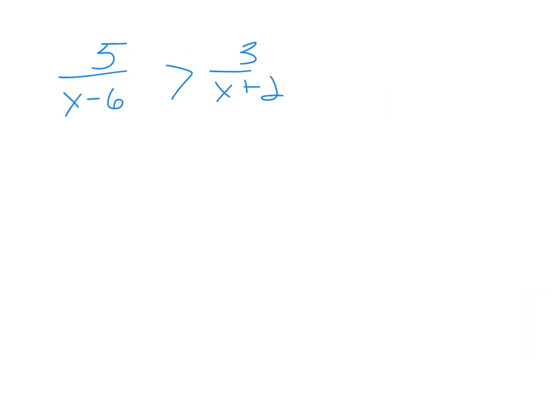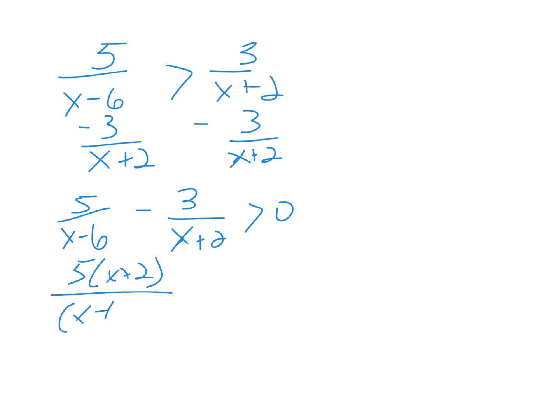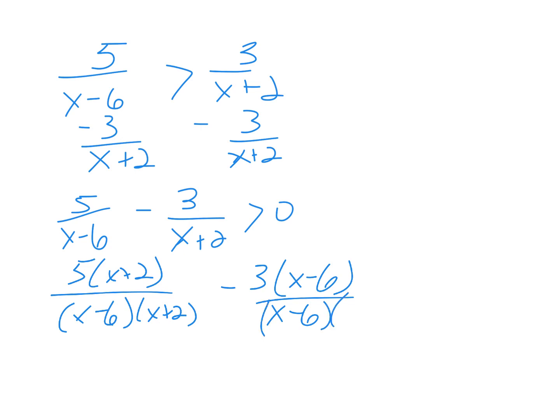Alright, time to solve a rational inequality. I'm going to move one of them to the other side. I'm going to get 5 over x minus 6 minus 3 over x plus 2 is greater than or equal to 0. For a common denominator, I need to multiply the left side by x plus 2. Let's do that. Then we're going to get 5 times x plus 2 over x minus 6 times x plus 2, minus 3 times the quantity x minus 6 over x minus 6 times x plus 2.